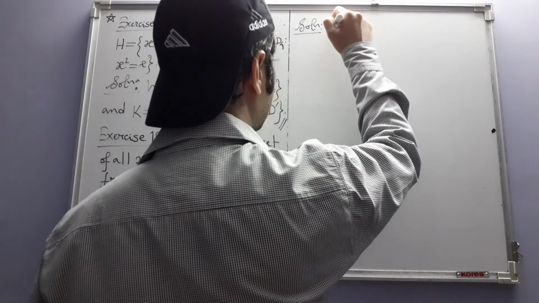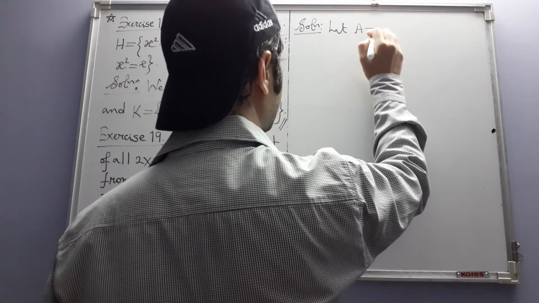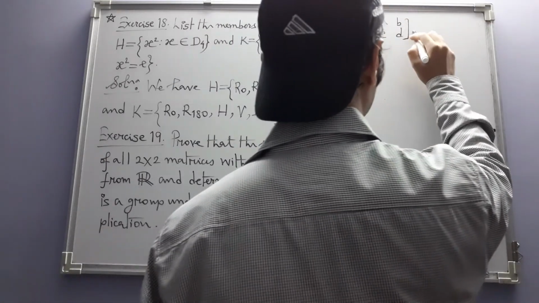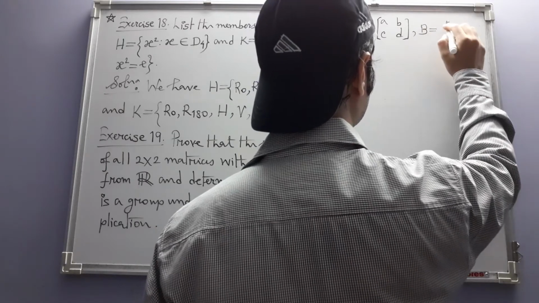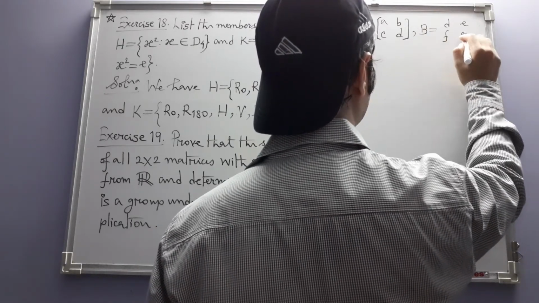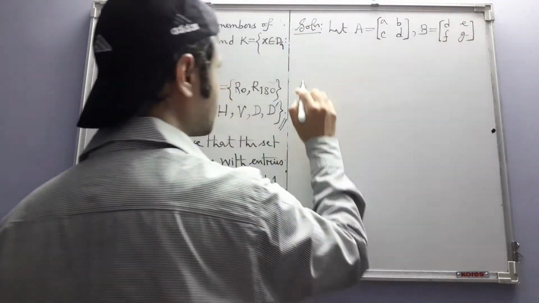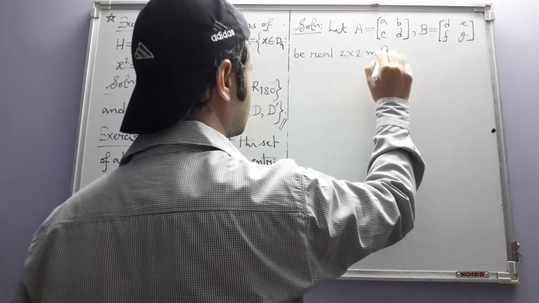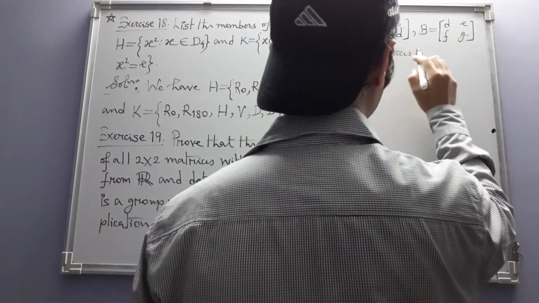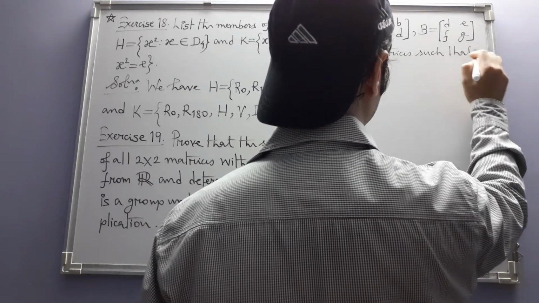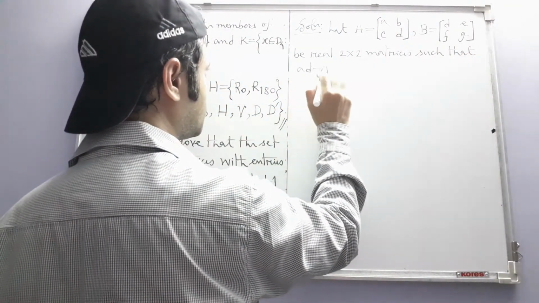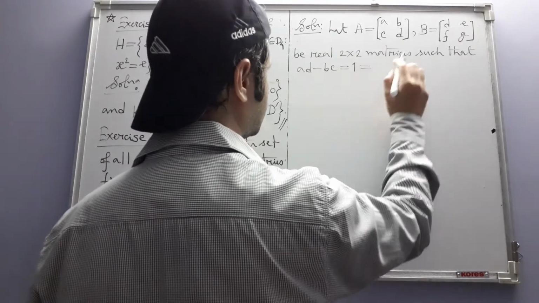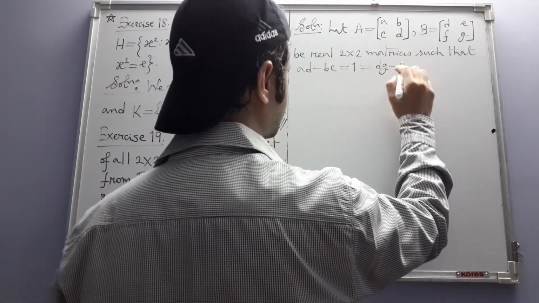So let A equal to (a, b, c, d) and B equal to say (d, e, f, g) be real 2x2 matrices such that this is the determinant of the first one, this is equal to 1, and that is also equal to the determinant of the second one.